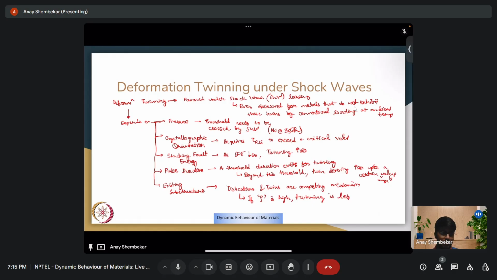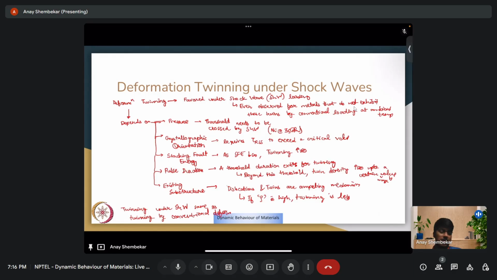Another important point to note is that twinning under shock wave is the same as twinning by conventional waveform.